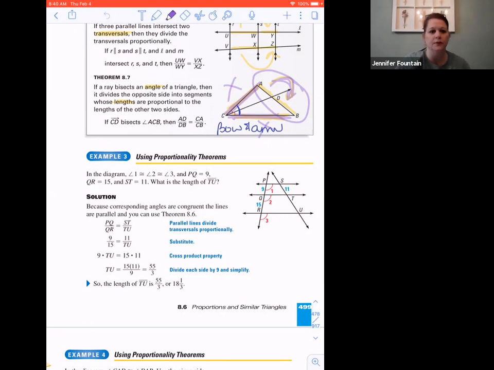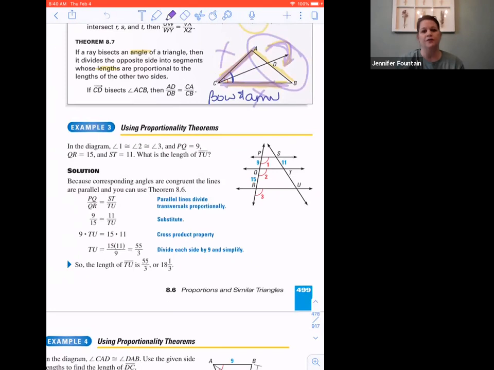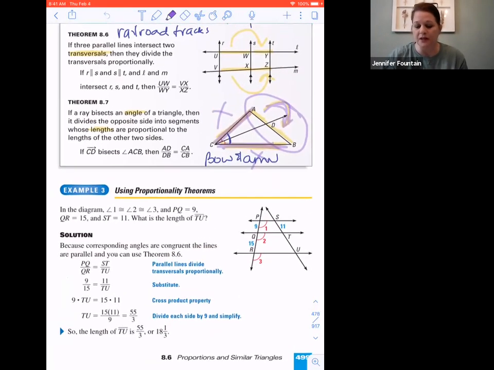All righty. So we're starting with example 3 on page 499. This is using our first theorem that we just talked about, how if I have three parallel lines that intersect two transversals, then the portions of my transversals are proportional. Notice that in the theorem they showed us, you could see it horizontally, side to side, and now we're working with it vertically.